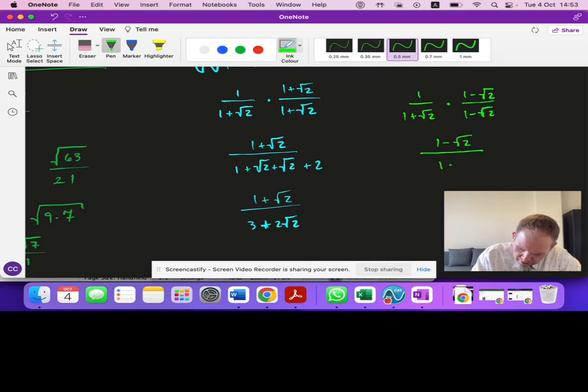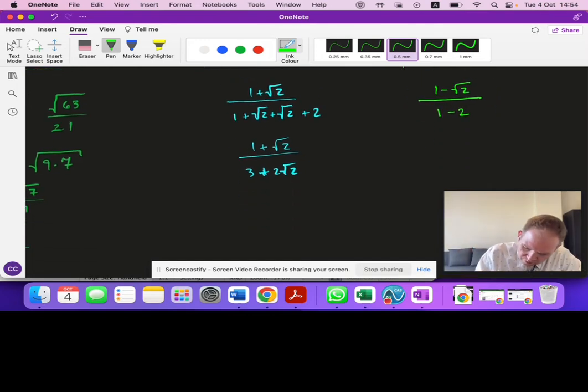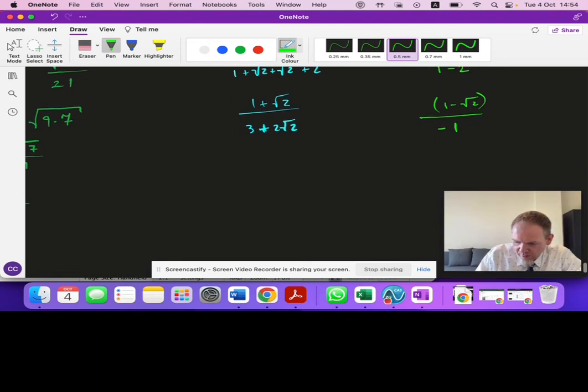That's 1 minus 2, because squaring 1 is 1, and squaring the square root of 2 is 2. So this would end up being negative 1 minus the square root of 2 over 1. Let me move that negative back to where it was originally, which then simplifies this to negative 1 plus the square root of 2. And that is my final answer.